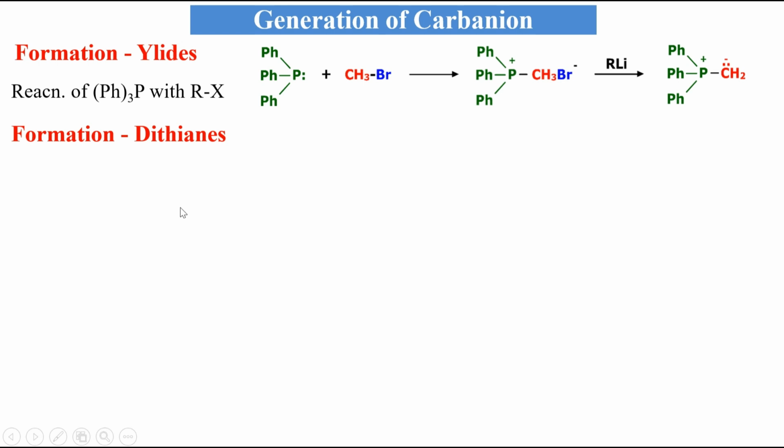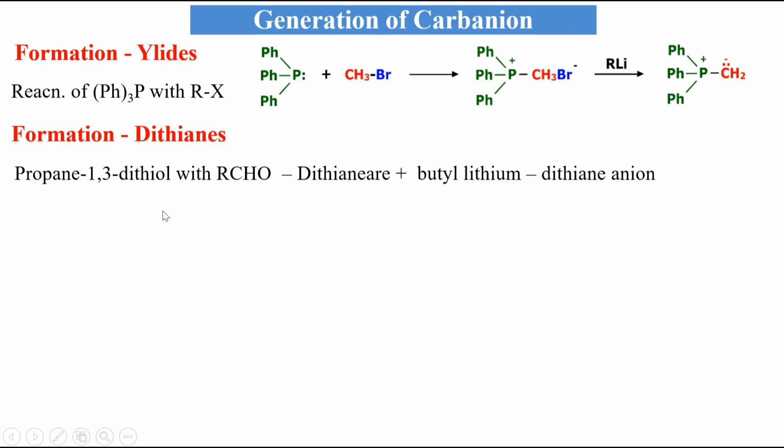During the formation of dithianes, we can generate carbanions. I take propane 1,3-dithiol and treat it with an aldehyde. I'll get a dithiane. When you treat this dithiane with butyl lithium, I'll get the dithiane anion.